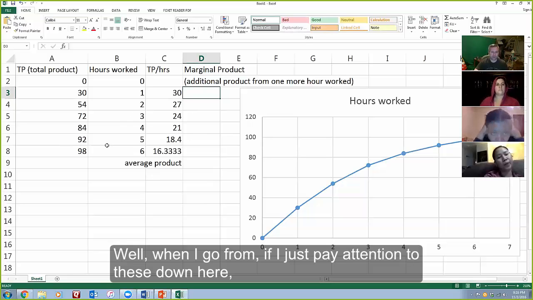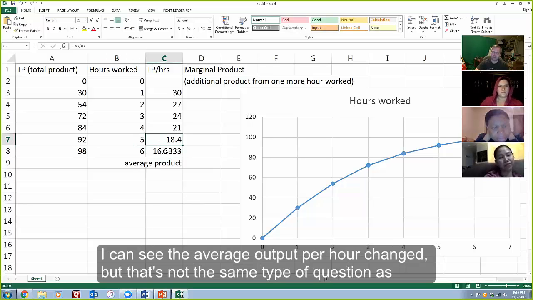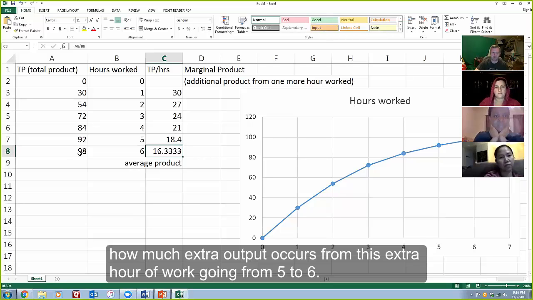Well, if I just pay attention to these down here, when I went from 5 hours to 6 hours, I can see the average output per hour changed, but that's not the same type of question as how much extra output occurs from this extra hour of work going from 5 to 6.